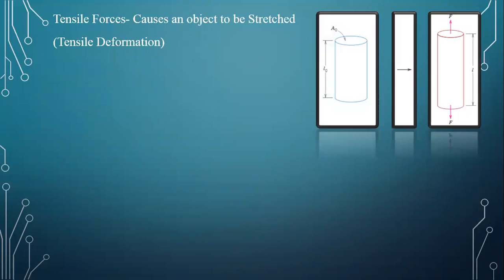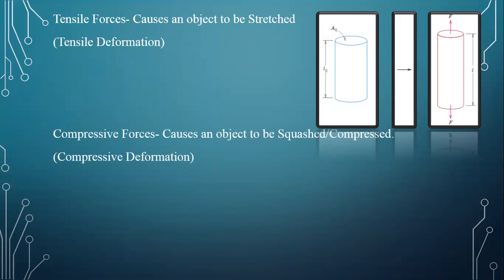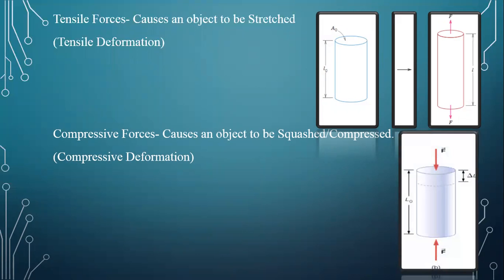So tensile forces cause an object to be stretched, whereas compressive forces cause an object to be squashed or compressed. That's why it is called compressive deformation. The deformation that occurs under the action of compressive forces is called compressive deformation. For example, there is a piece of wire or a small cylinder whose original length is represented by L naught.